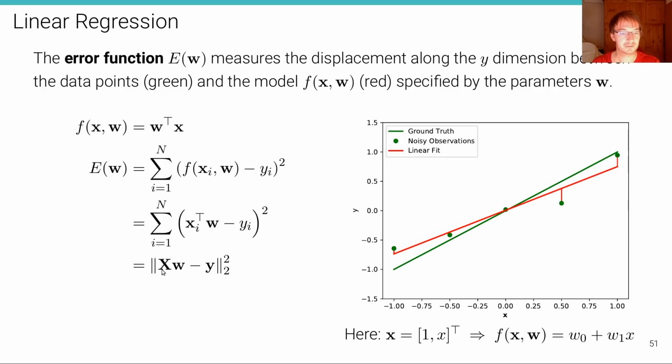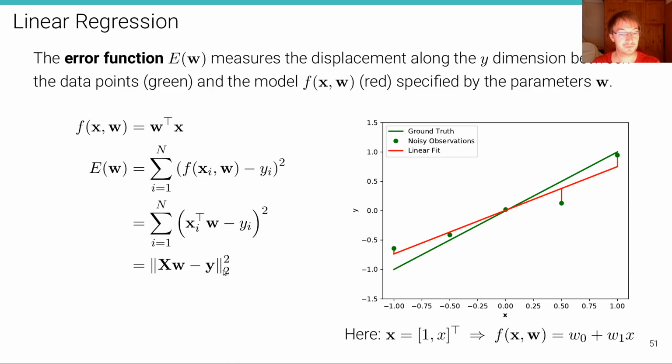And this matrix X here comprises all these data points, these features x here, as row vectors. w is the same, and y is simply a vector that comprises all elements of the data set in terms of y. So all the y's in the data set. It's basically just stacking row-wise these x's and y's into a linear system.